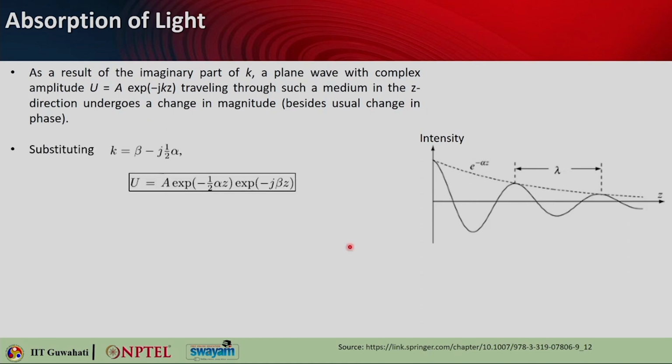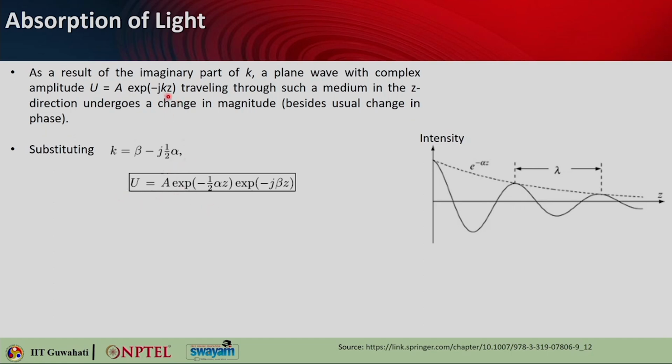Okay. Now, as a result of this imaginary part of the wave vector k, a plane wave u with complex amplitude A is exponentially decaying now, because k itself is lossy. So, it will have a change in the amplitude. You can write k as beta minus j alpha by 2.